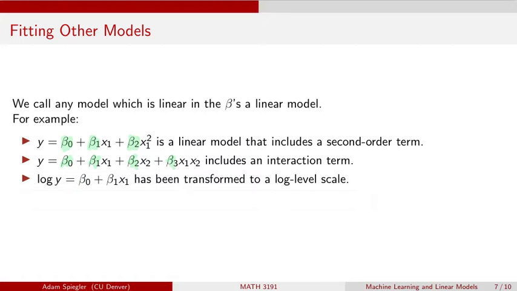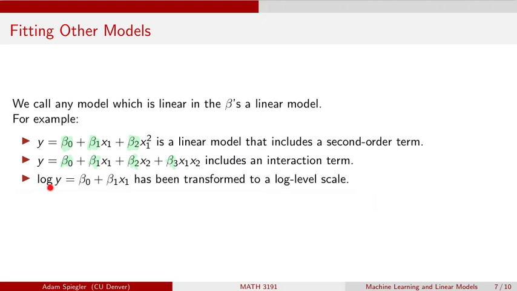Other things that are commonly done to our models is we might transform some of the variables in our model. We could transform the response variable to a log, and this is what would be called a log level scale, in case you're curious. And oftentimes in regression, they use log, which might look like log base 10, but they actually mean natural log.